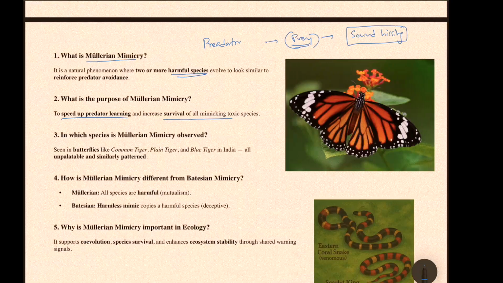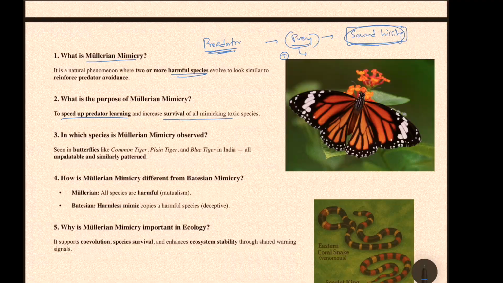So whenever this predator hears this hissing sound, it assumes that the prey is toxic and non-palatable. Let's say there is one more species which is trying to copy the same hissing sound, and this species has the same predator. In the first case, only one species is making this hissing sound, and in the second case, one more species is making the same sound.